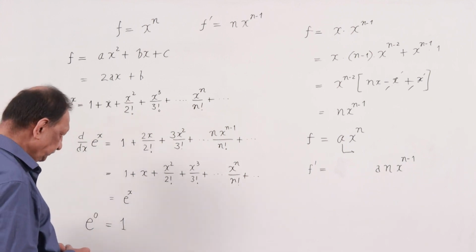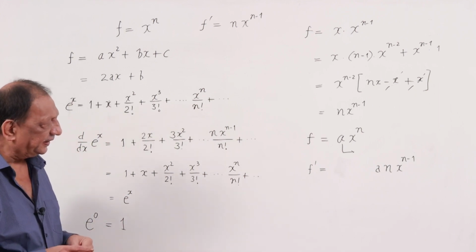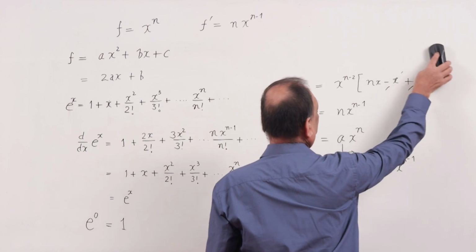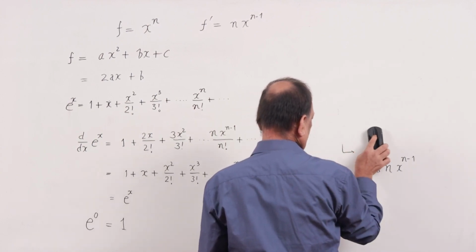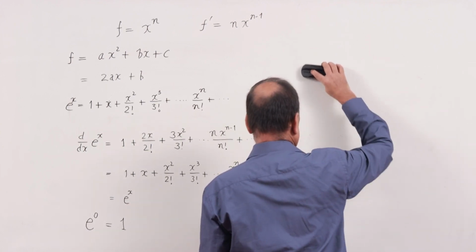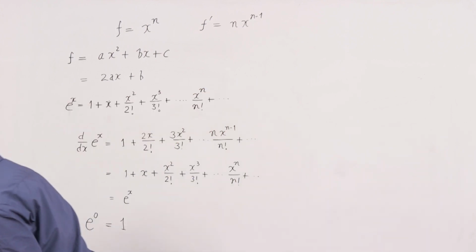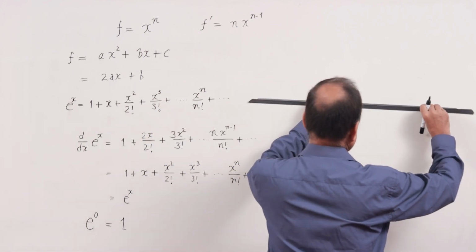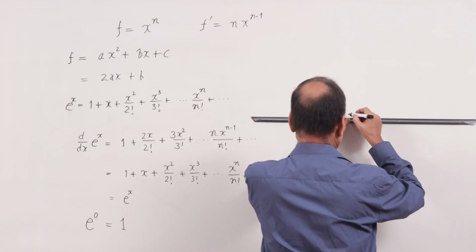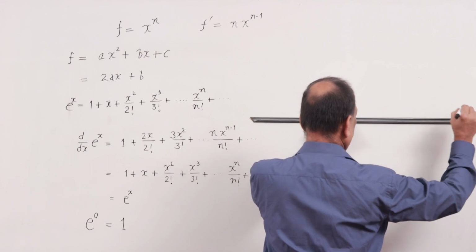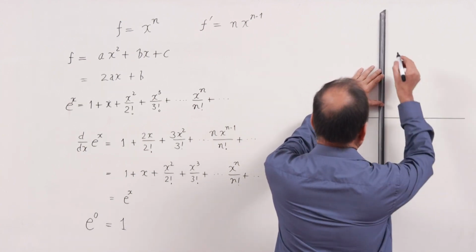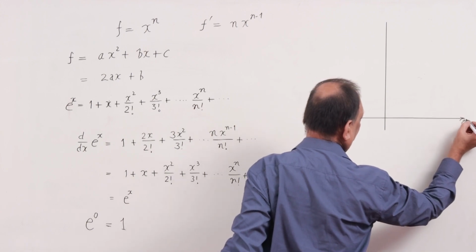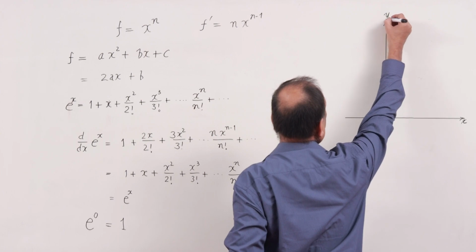E power 0 is 1, right? So e is that wonder number where, if you look at the graph of e power x, on the x-axis and on the y-axis we'll plot the value of e power x.